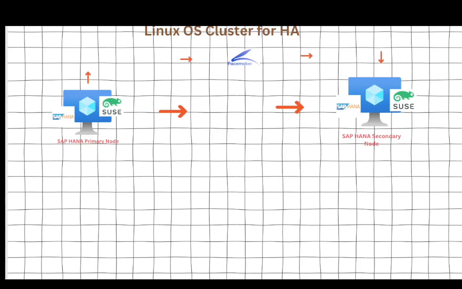Now, the primary and the secondary servers communicate over the network using something called Corosync. Nodes communicate to each other on health status, and they tell each other how each of the VMs is performing. Let's consider two scenarios. The primary server is frozen, or the primary server is healthy, but the network communication is not happening or is not reachable.